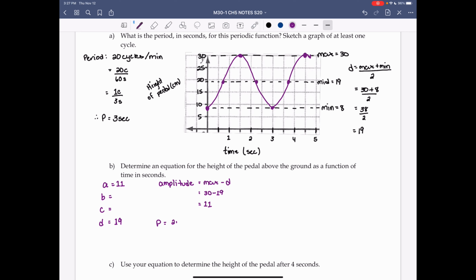Period is 2 pi divided by absolute value of B. In this case, the period was 3 seconds. I can write that as 3 over 1, and then cross multiply and divide. That gives us absolute value of B equals 2 pi over 3, and I said that B is positive, so B equals 2 pi over 3.